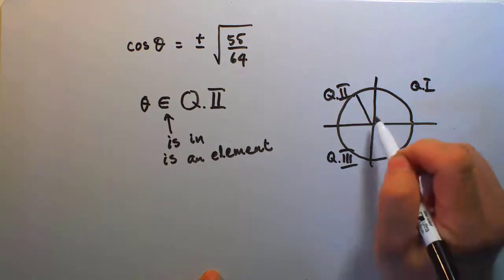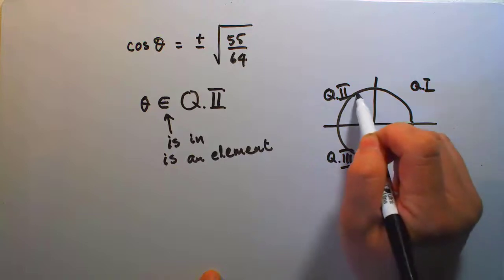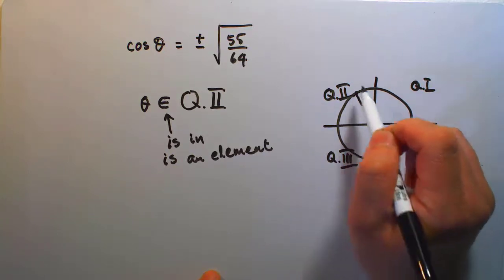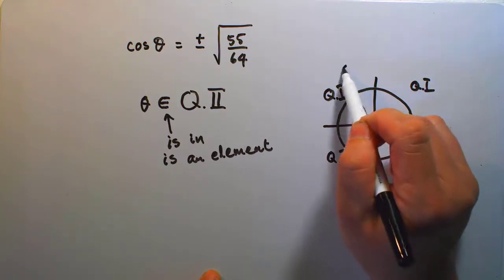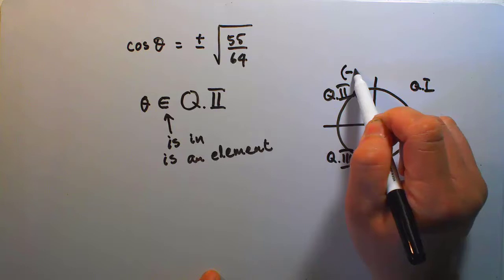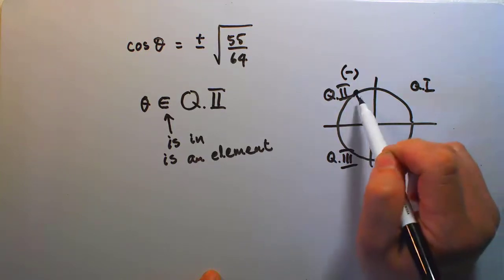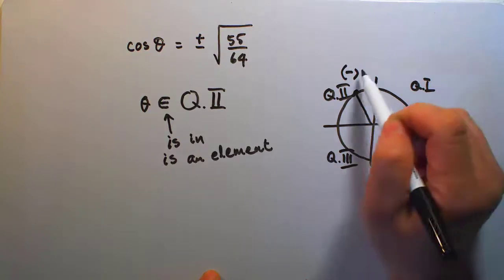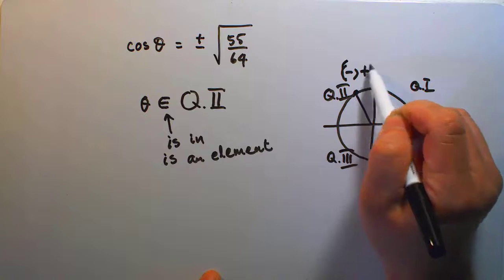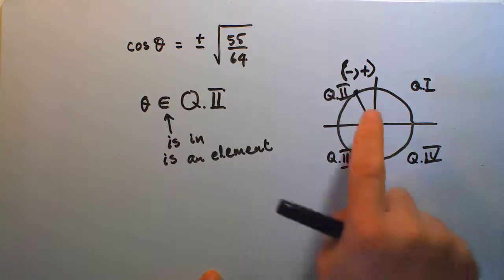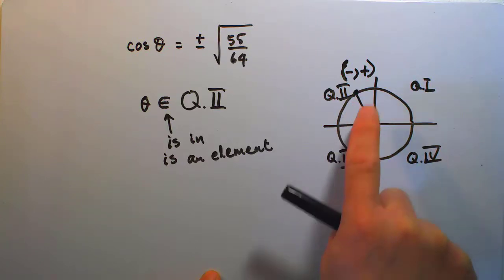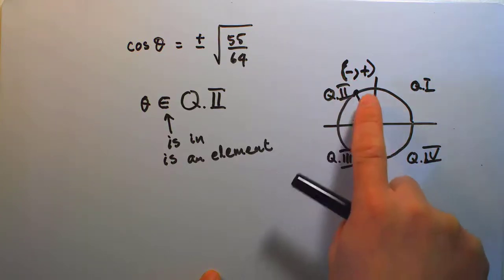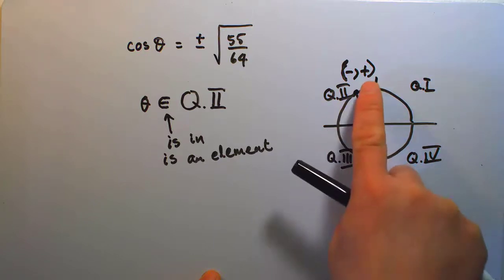For an angle inside of quadrant 2, the x coordinate of any terminal point in quadrant 2 must be negative, and likewise, the y coordinate in quadrant 2 has to be positive. I hope you understand my minus comma plus there. It indicates the x coordinate for any terminal point in quadrant 2 has to be negative, and any y value in quadrant 2 has to be positive.